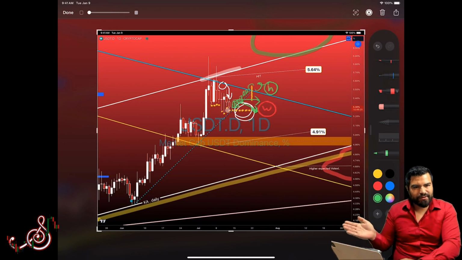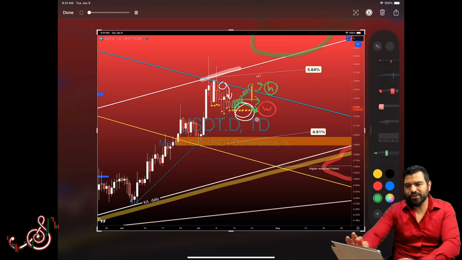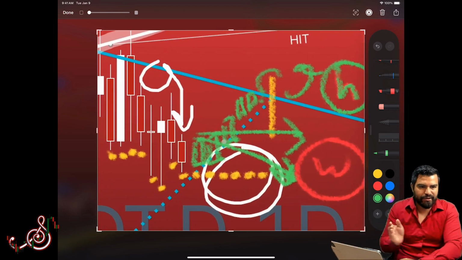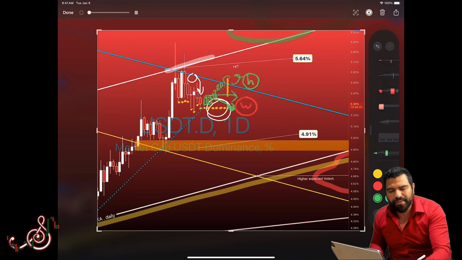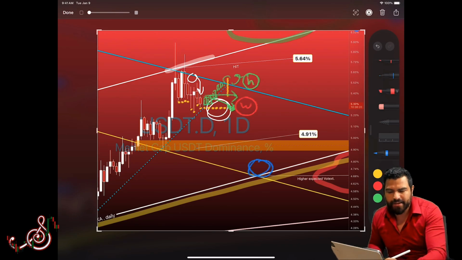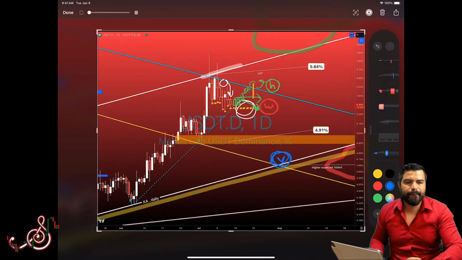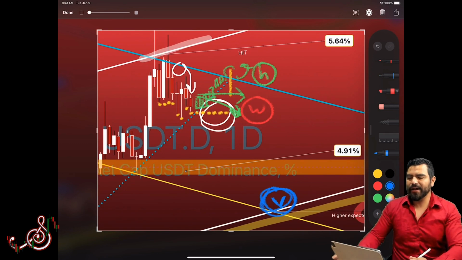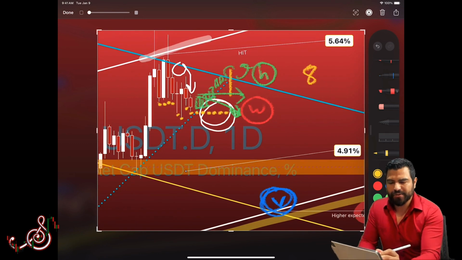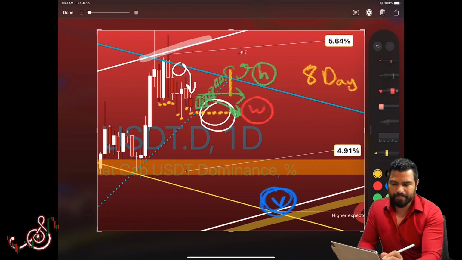And if this trend line is not able to hold and price just immediately phases through and goes to this area, that's a sign of weakness. We're probably going to be looking to hit this pocket. That's going to be our vortex. So that's something we can keep an eye on, and you can even put in your notes 8 days.